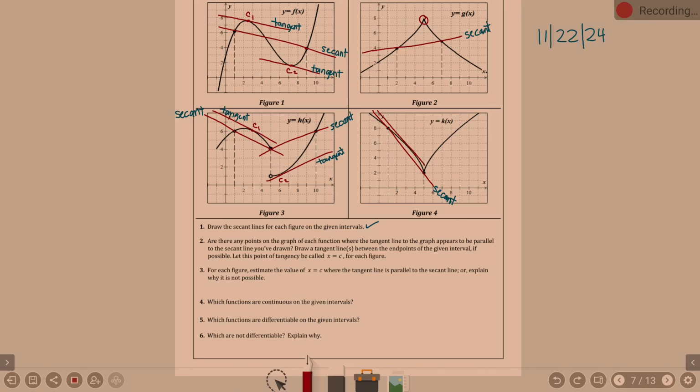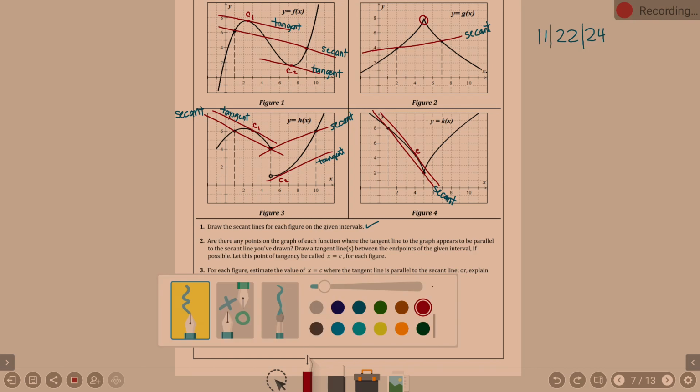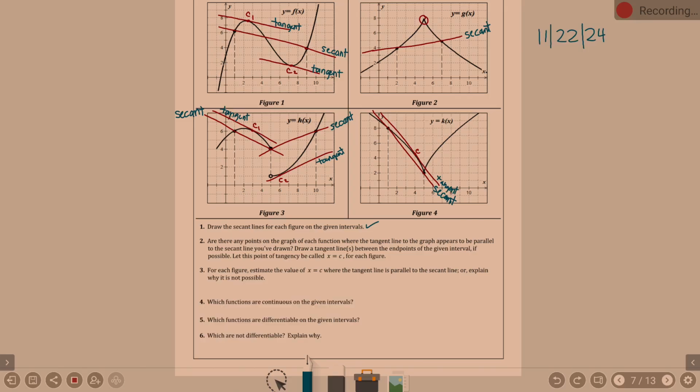Something along those lines is where it's supposed to be. I'm not loving my line here. Okay, wrong. Just broke the rules. Okay, and there's my C value, and that is a tangent line.